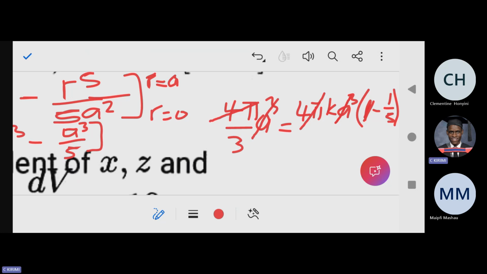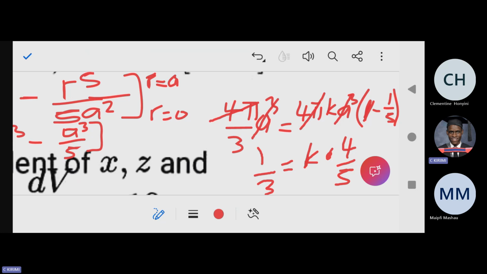So we are left on the left hand side with 1 over 3 equals k times 1 minus 1 over 5, which is 4/5.